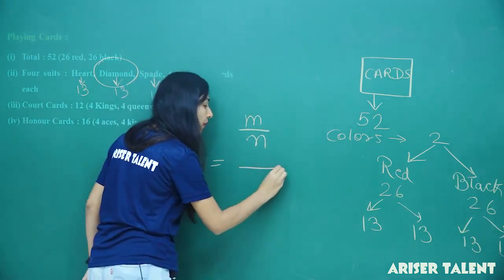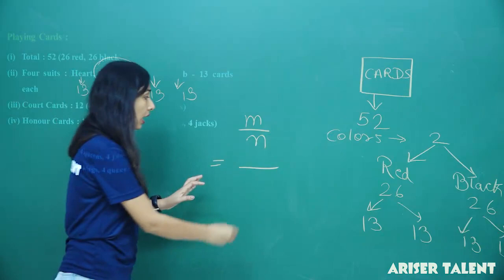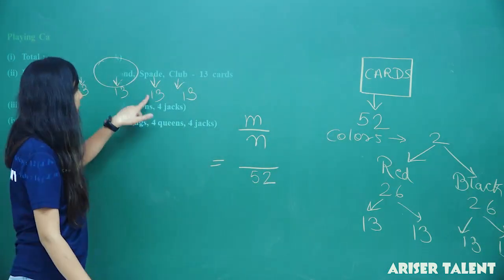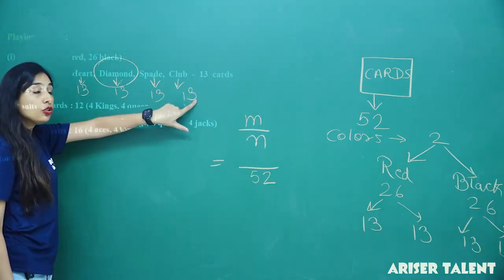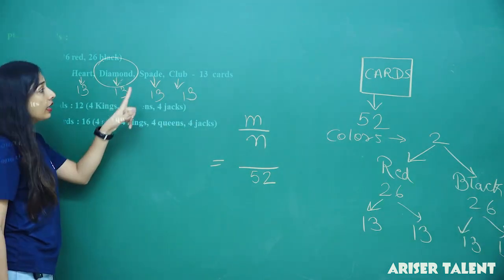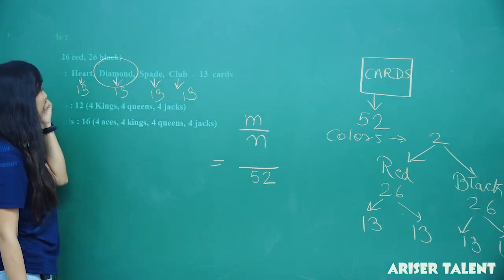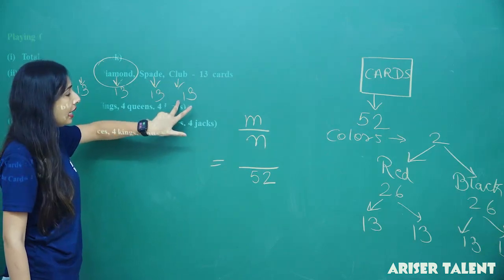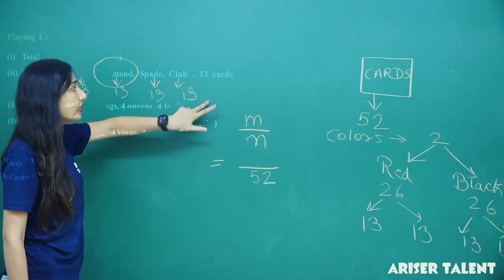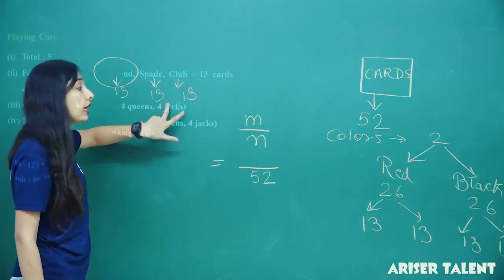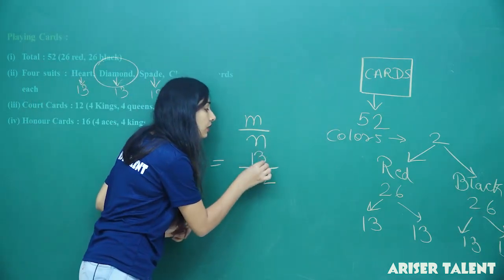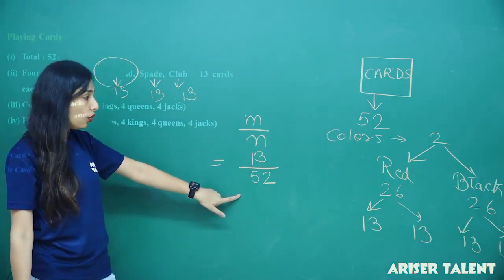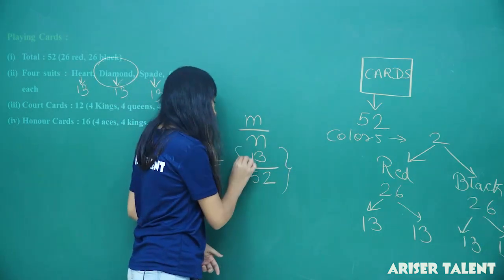The total number of outcomes is 52. And I have 13 here, 13 here, 13 here, 13 here. So basically 13 diamonds, 13 spades, and we have talked about the club. If I am talking about the probability of getting a card from the club suit, then that will be 13 by 52. Okay. So that will be your answer.